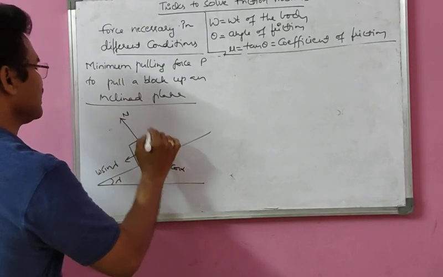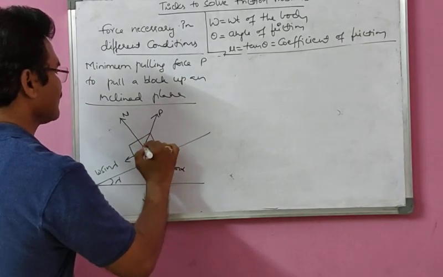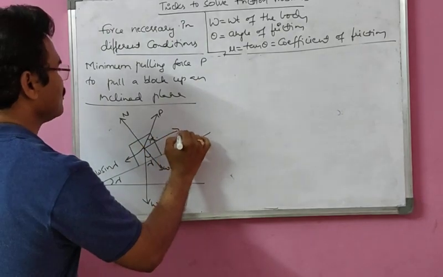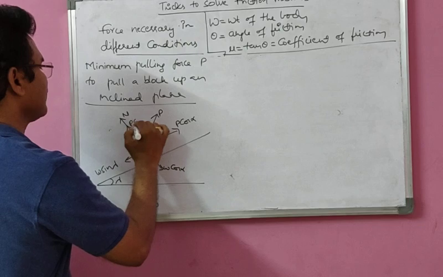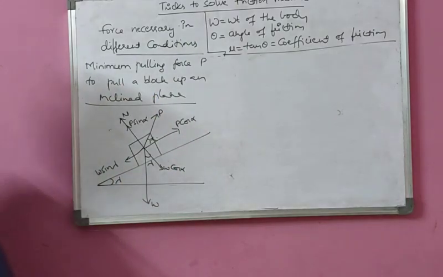This is the normal reaction, and I applied the force P like this, making an angle alpha with the horizontal. So this becomes P cos alpha and this becomes P sin alpha. Okay, now the situation is like this.